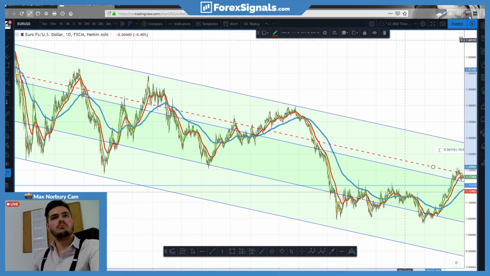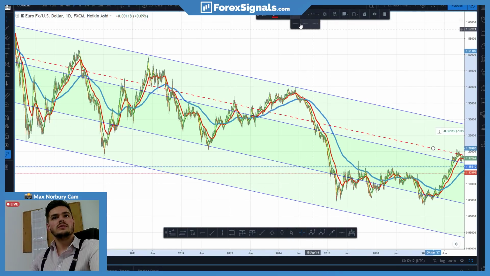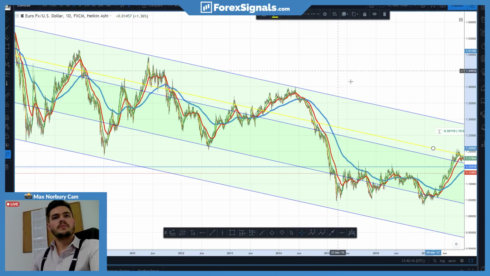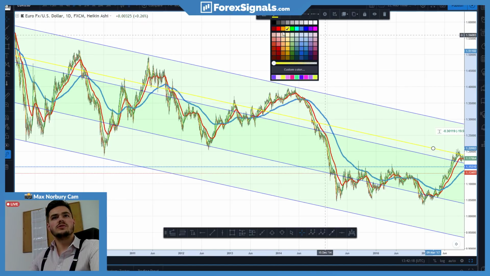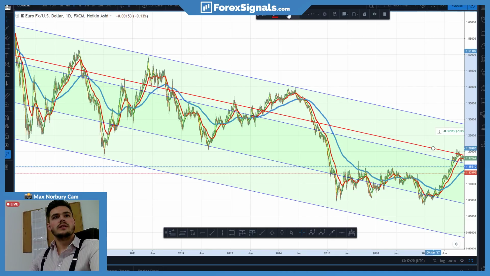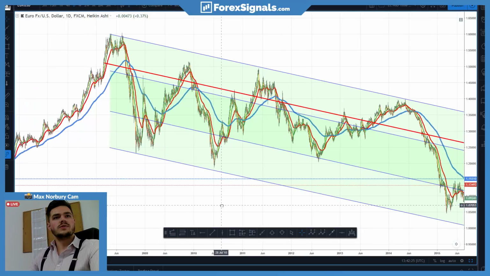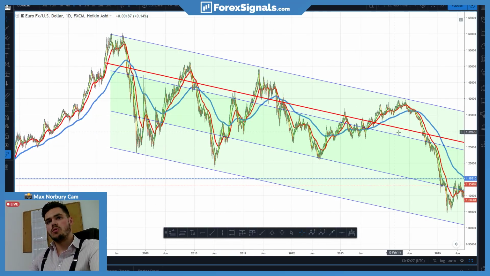I'm going to make that broader so everyone can see it easier. Solid line. I'm going to make that yellow. Actually, no, I'm not. That's too bright. I'm going to make that bright red again and thicken it up. Thicker. Cool. Right, so this is the first tripwire. This tripwire is just above the median, the upper median zone here.